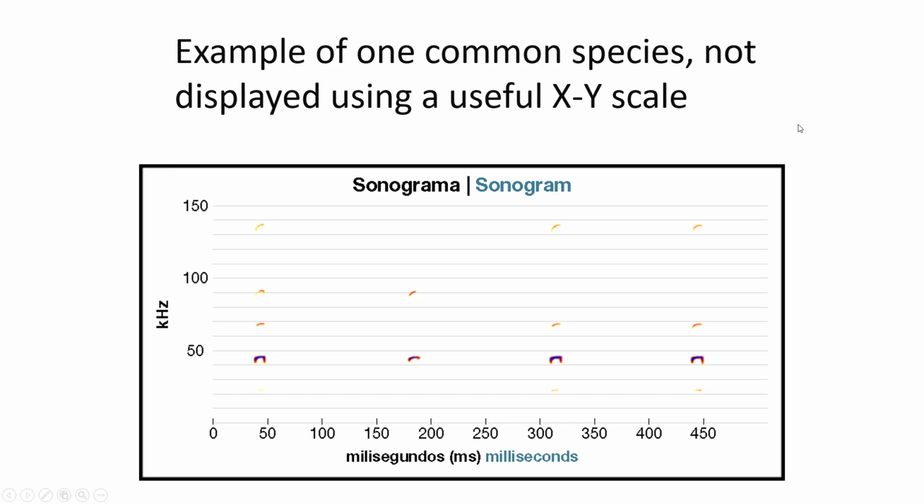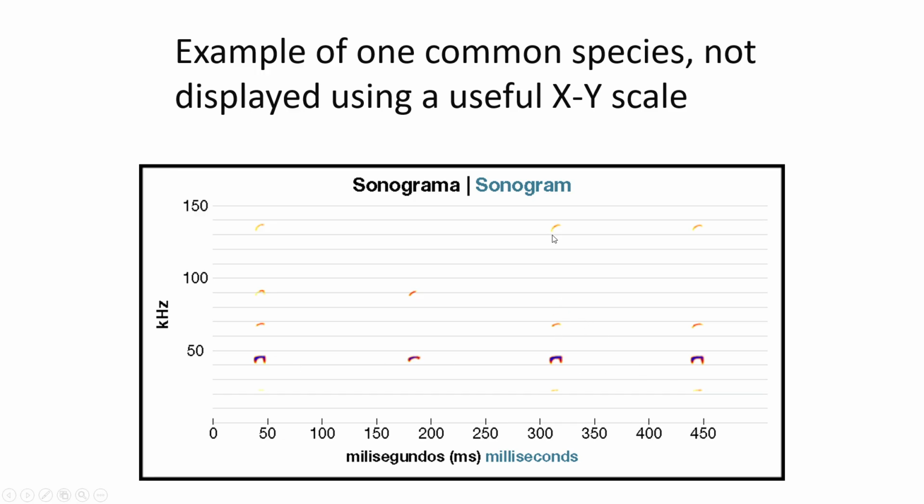Here's an example of the common species. Again, our old friend Saccopteryx bilineata. It's displayed with a linear scale and it's not using a compressed mode. So there's milliseconds and you can see there's pulses.